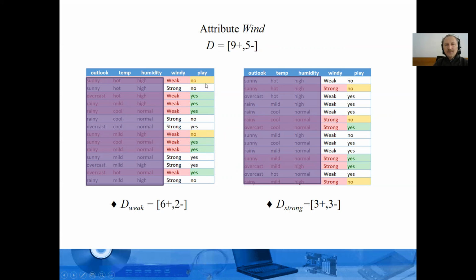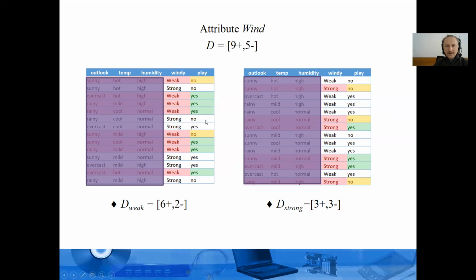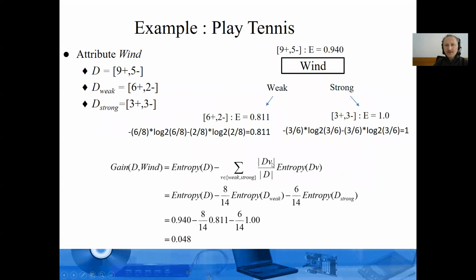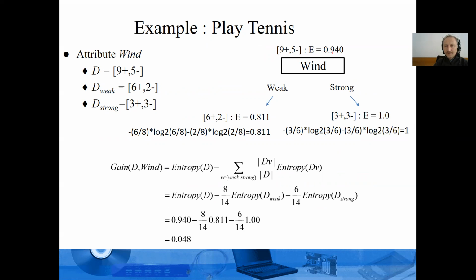How many of them no? 1, 2, 3, 4, 5. Don't mix it up. For the whole set, we calculated the entropy before: 0.9.